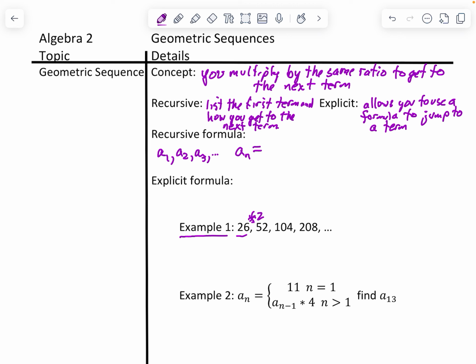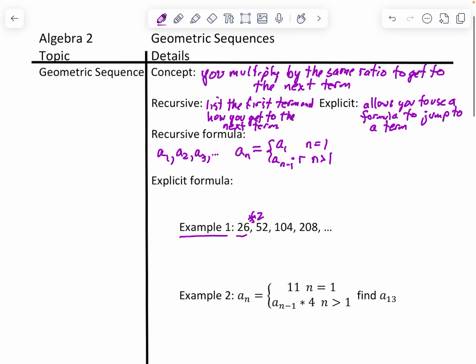That would be equal to the first term for n equal to 1, and then to get to the next term, you would take the previous term and multiply by r, which is a common ratio, for n greater than 1.